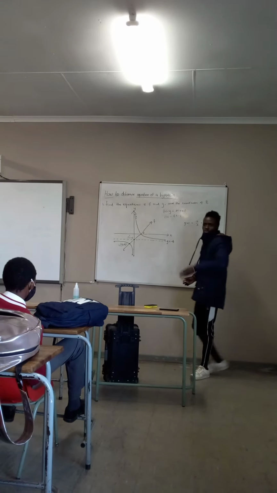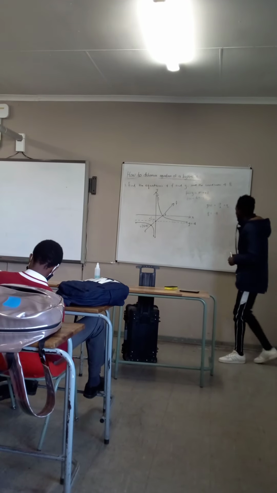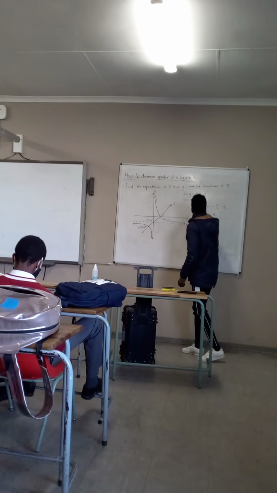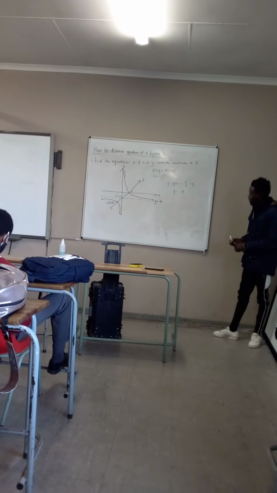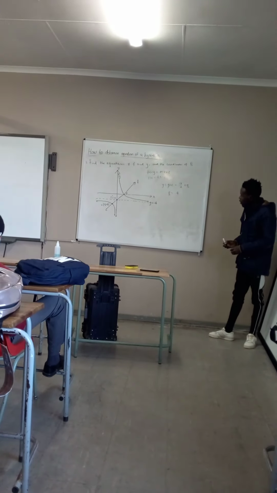Remember I've told you that Y is always the same as G of X. What will be the value of my Y? Y is equals to negative? -8. Why do I say -8?